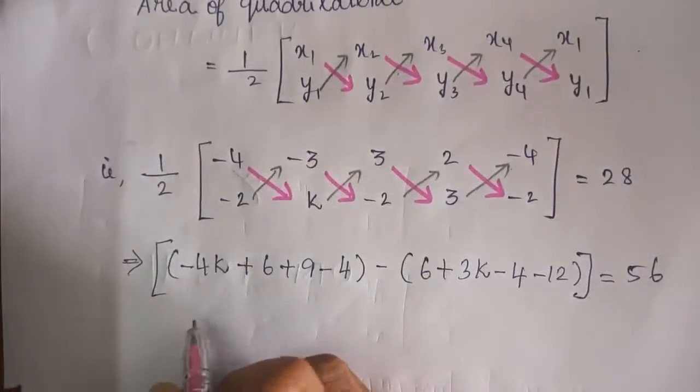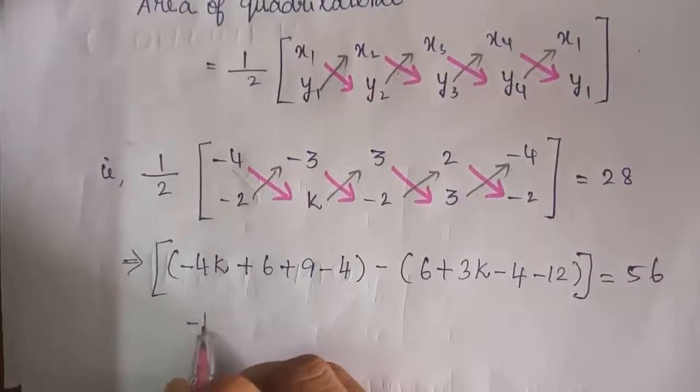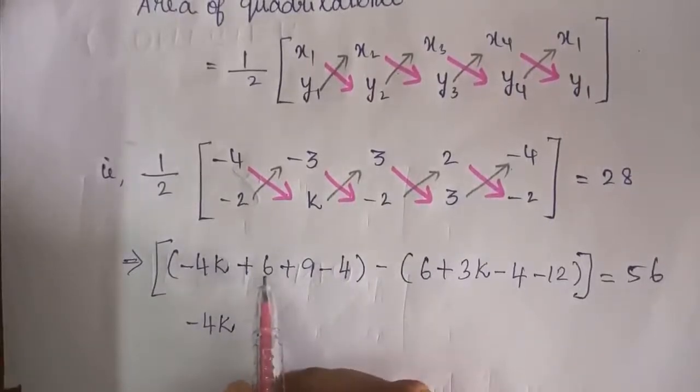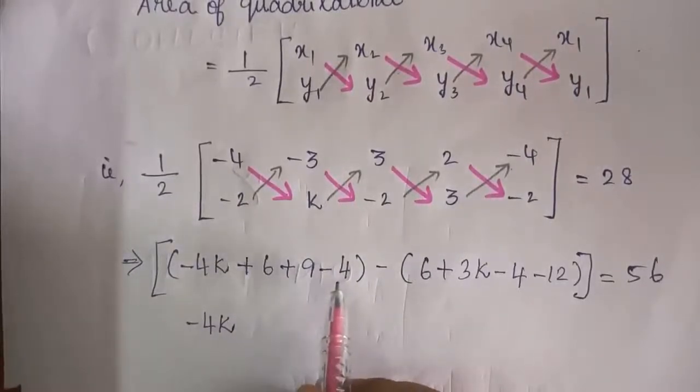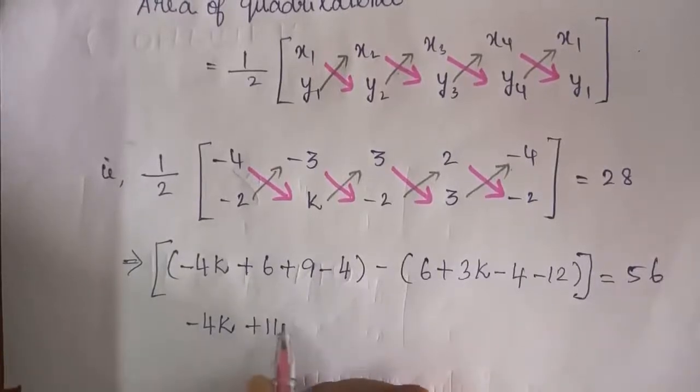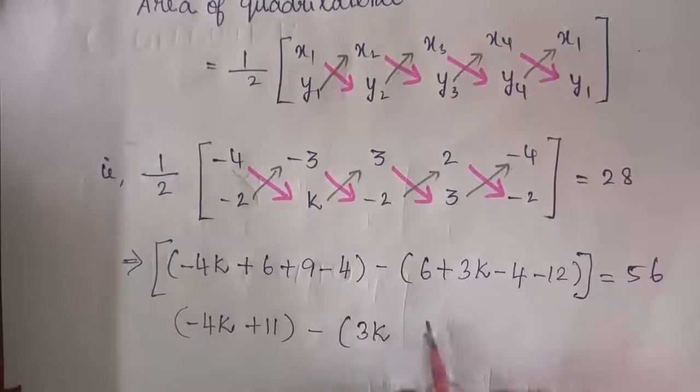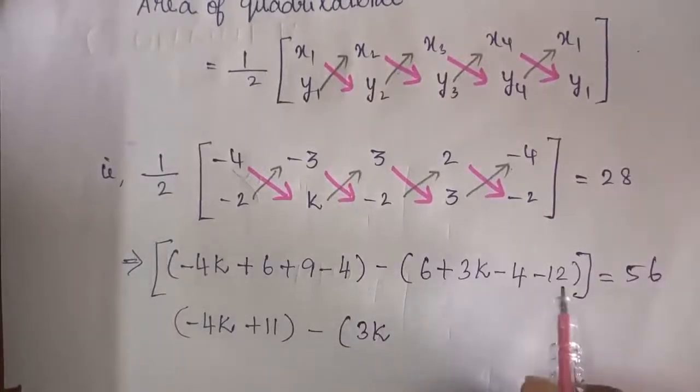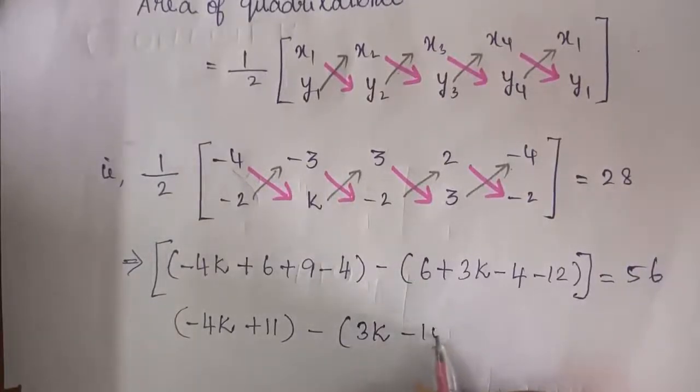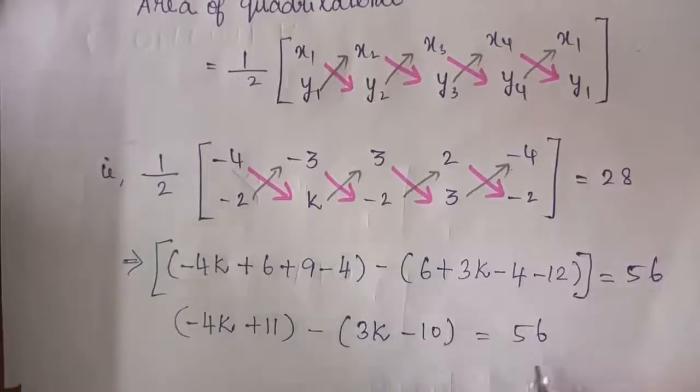So the next step is minus 4k plus 6 plus 9 minus 4 is plus 11, minus 3k, 6 minus 4 minus 12 is minus 10, is equal to 56.